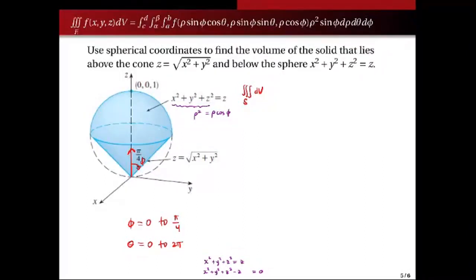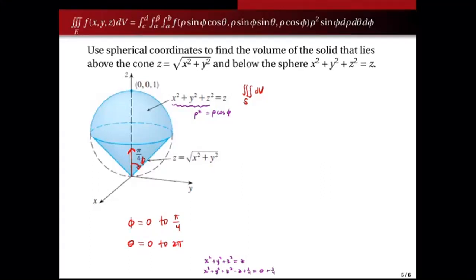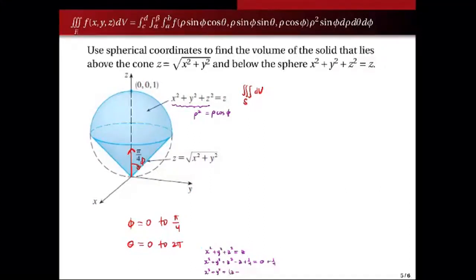Add 1/4, so 1/4 here, 1/4 here. And this, z squared minus z plus 1/4, is actually z minus 1/2 quantity squared. So it's x squared plus y squared plus z minus 1/2 quantity squared equals 1/4.